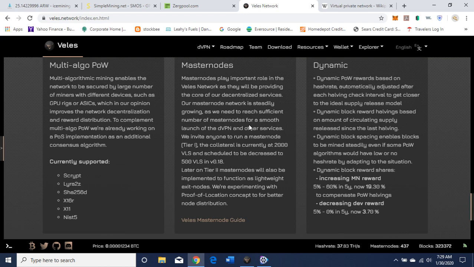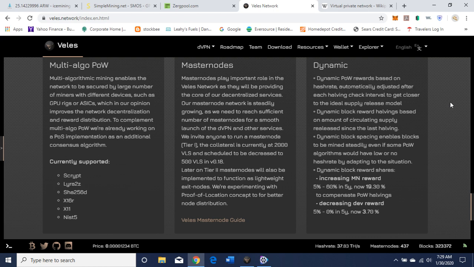So here's their master nodes. You can read more about that. Dynamic proof of work rewards based on hash rate automatically adjusted after each halving check interval to get closer to the ideal supply release model. Dynamic block reward halvings based on amount of circulating supply released since the last halving.